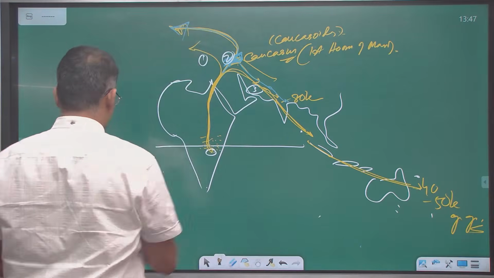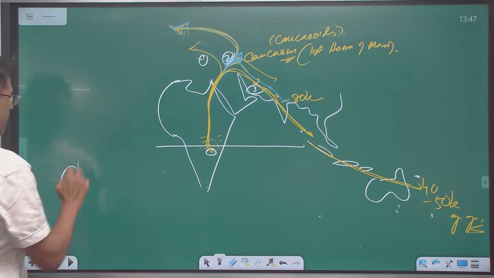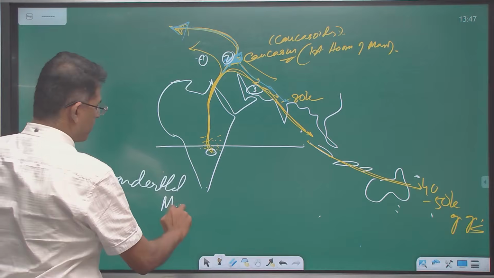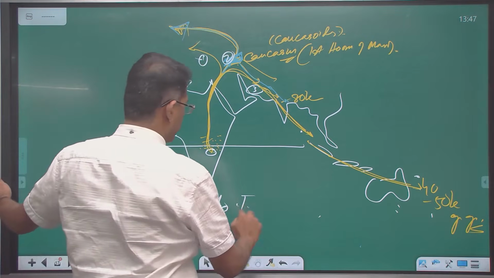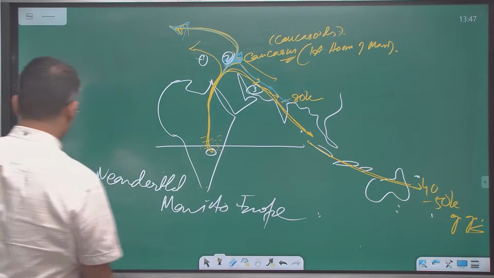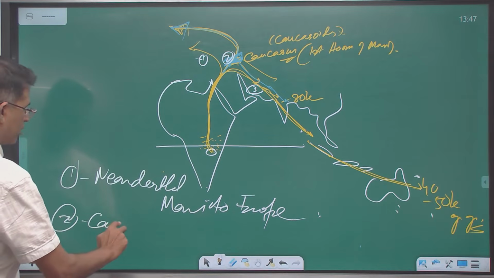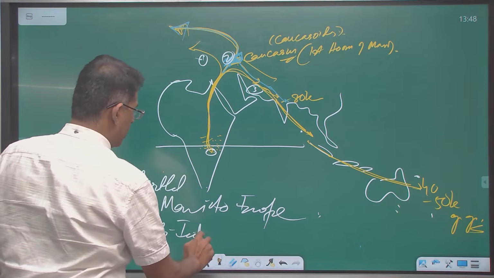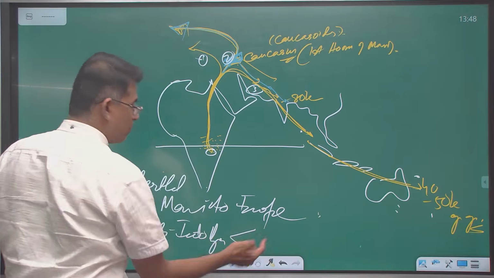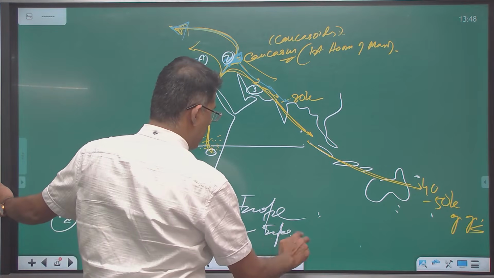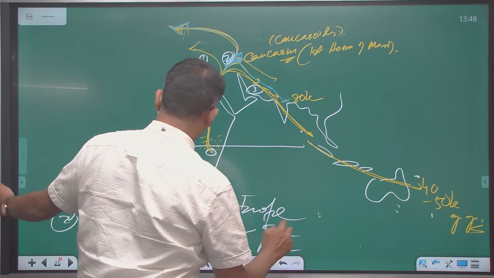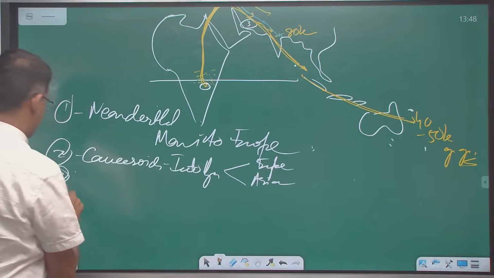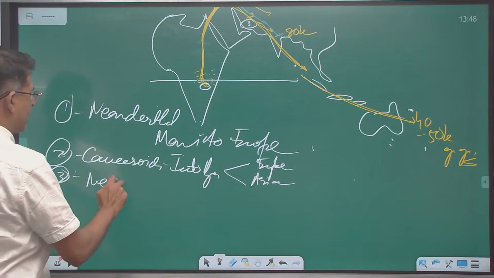Okay, so one is Neanderthal man into Europe. 2 is the Caucasoids, the Indo-Aryans, both towards Europe and also towards Asia. And third are the Negritos.